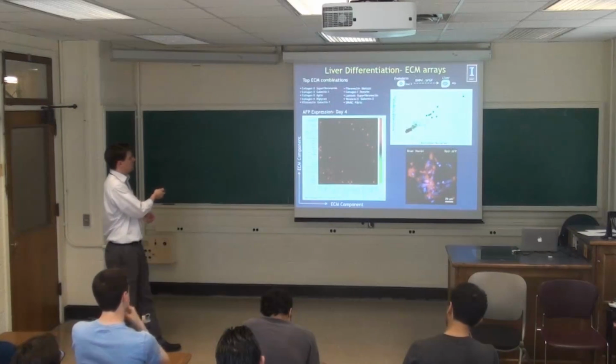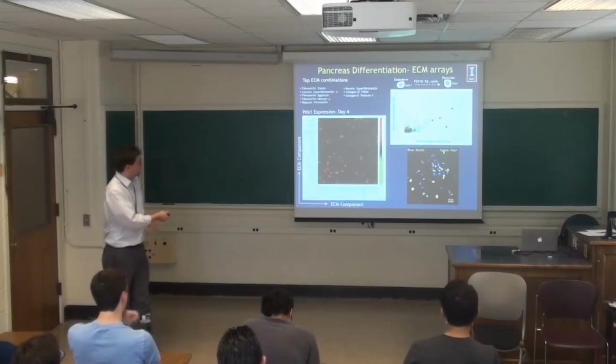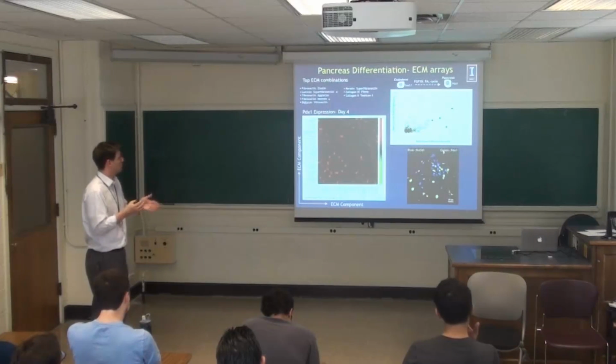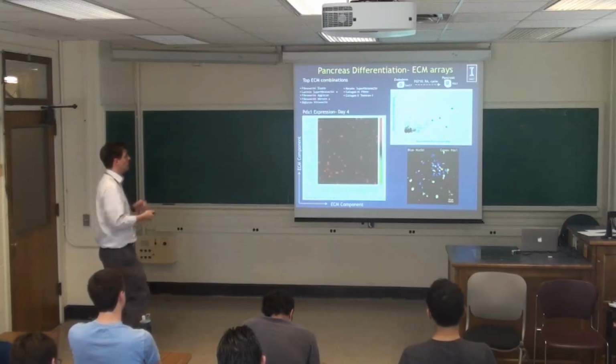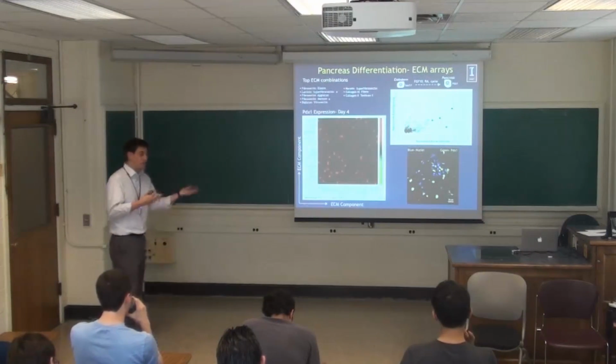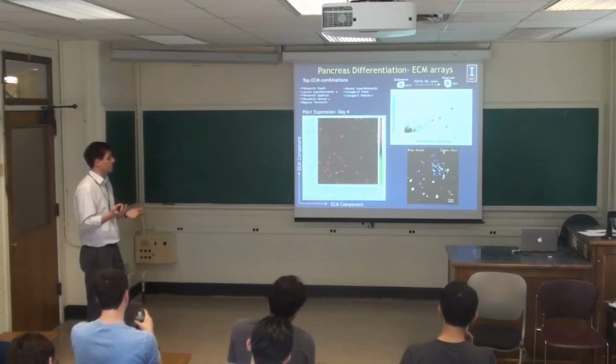And I've listed a few of those here, and I won't go into all the details of that. But we can also do this again for pancreas differentiation. It gives a slightly different profile. And what we found interesting was that there were some combinations that were different, ones that supported pancreas versus liver, or liver versus pancreas.